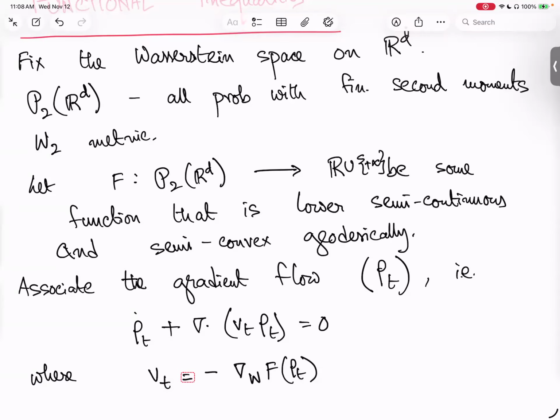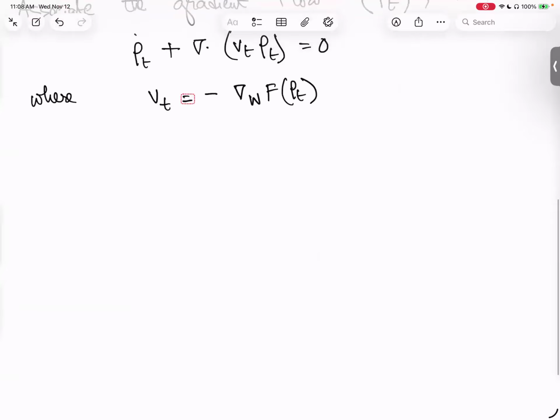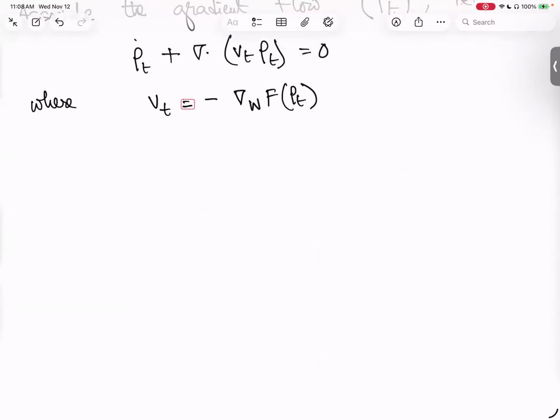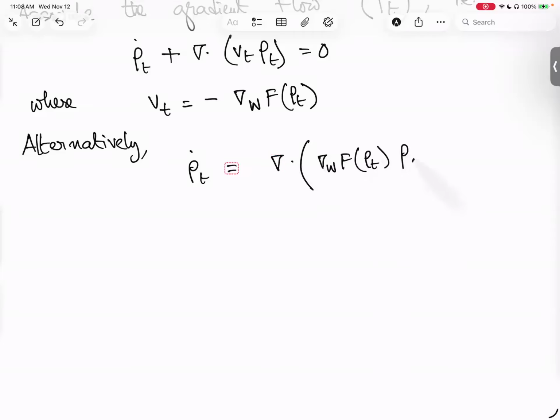Another alternative way of writing this is the following. Alternatively, you can write rho_t dot is equal to divergence of the Wasserstein gradient of f at rho_t times rho_t.